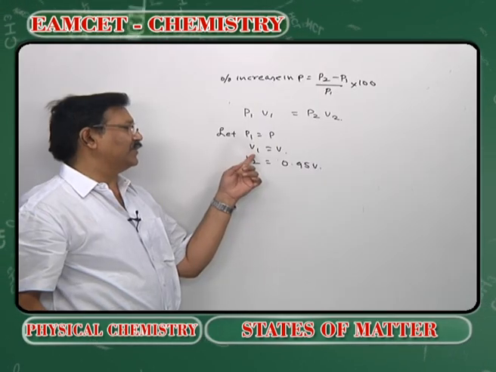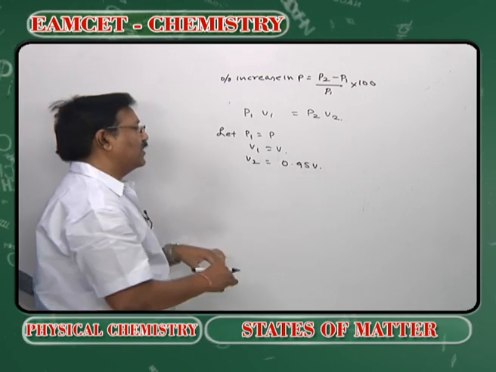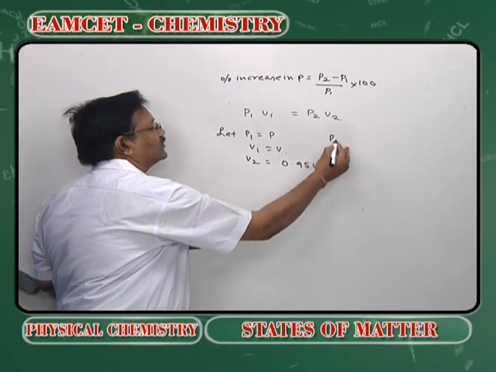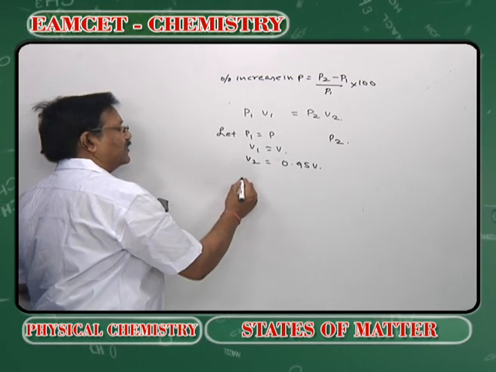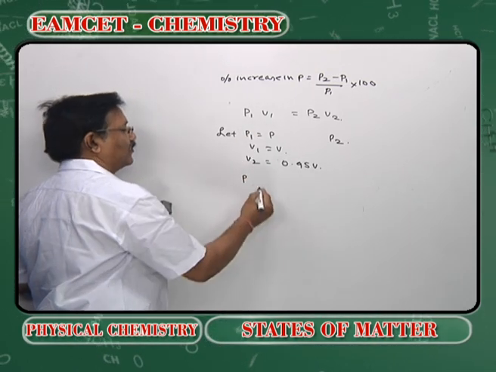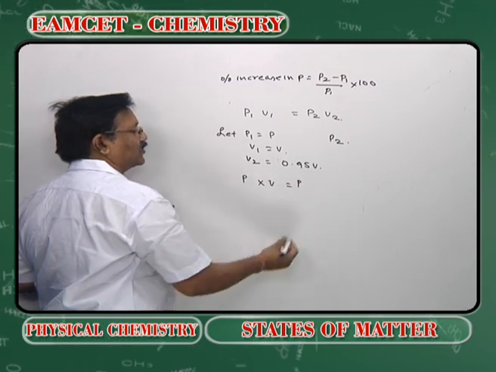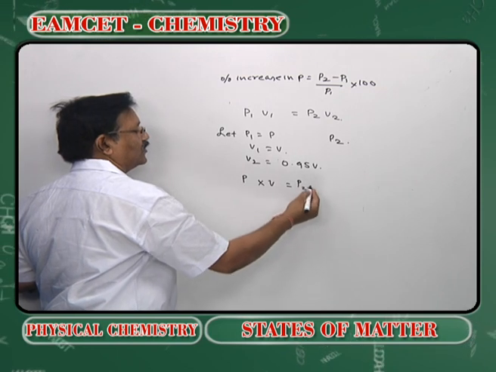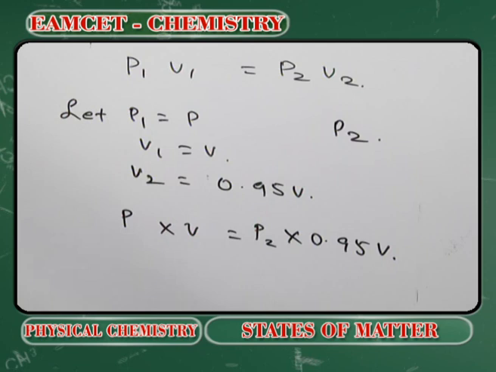What is V1? V. What is V2? 0.95 V. And what is P2? It is not known. So substitute: P1 is P, V1 is V, P2 not known, and V2 is 0.95 V. Now what is the value of P2?